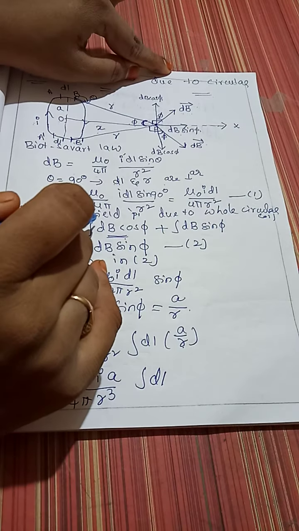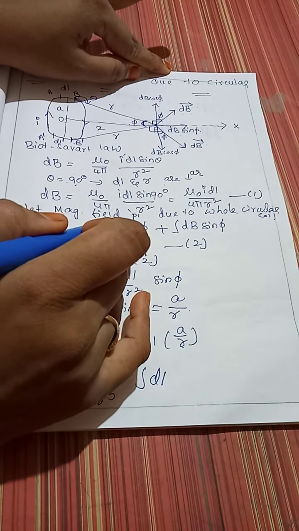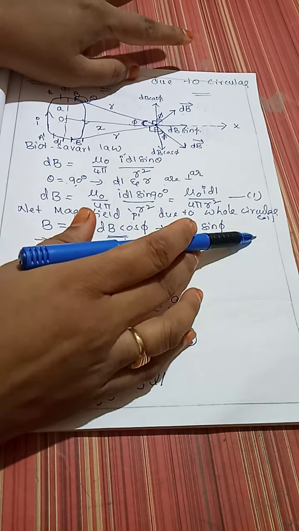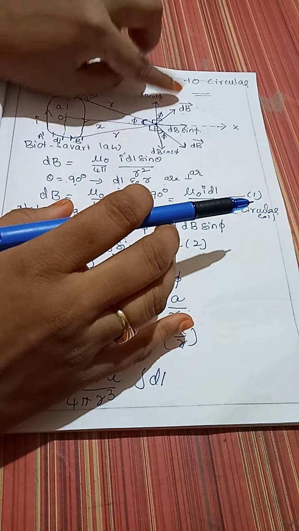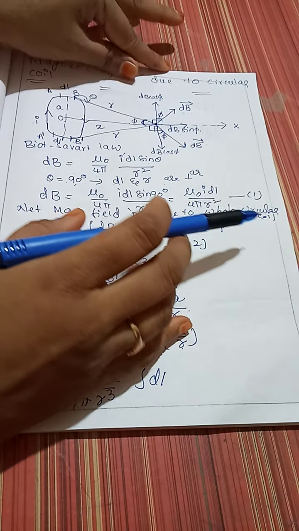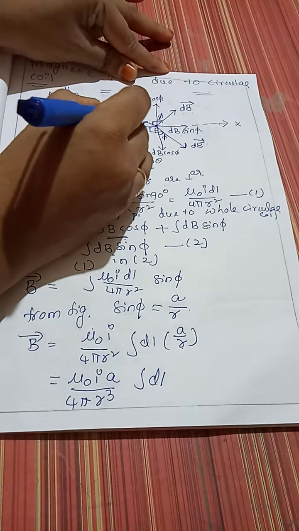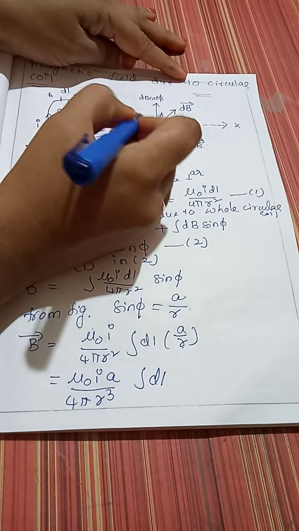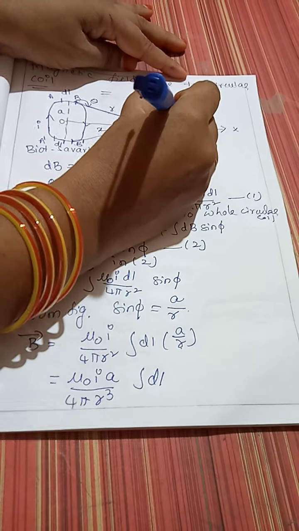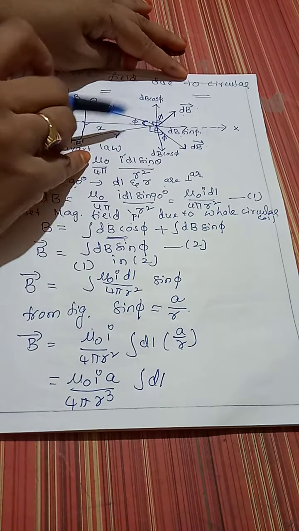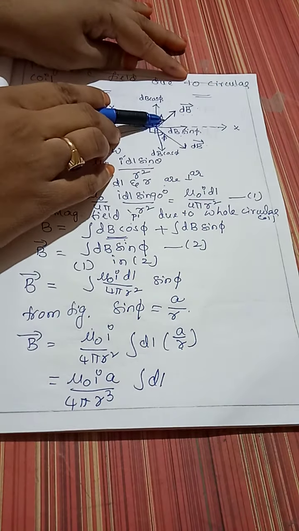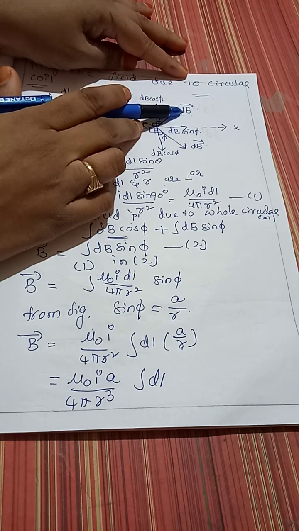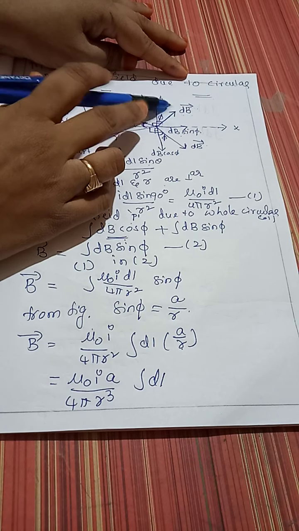Now we want the net magnetic field at point P due to the whole circular coil. For that we have to resolve dB into two components. This is the straight line joining B to P, that is r. Perpendicular to this r is the line along which we have the direction of magnetic field dB.